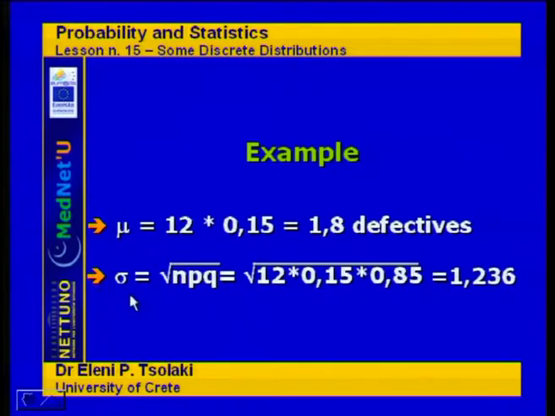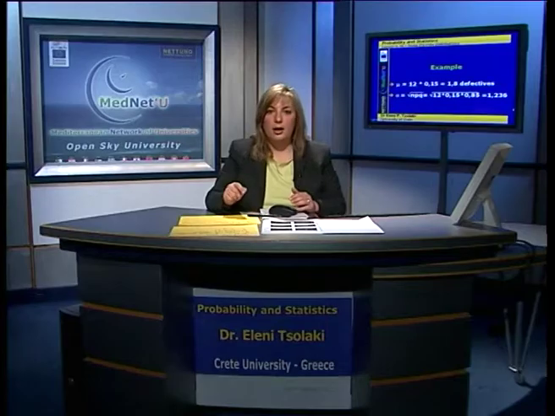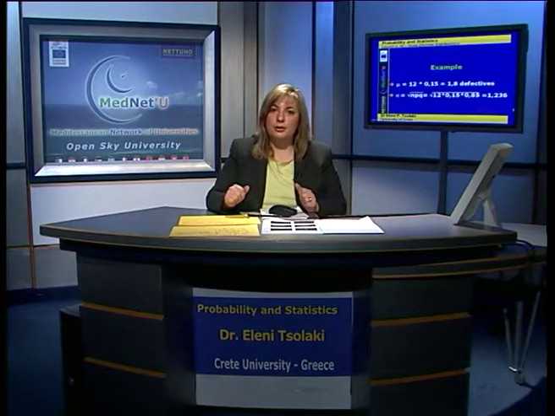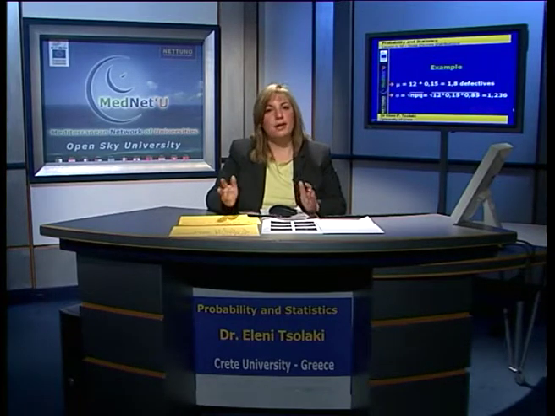Now the standard deviation, the square root of the variance, n times p times q, is 1.236.